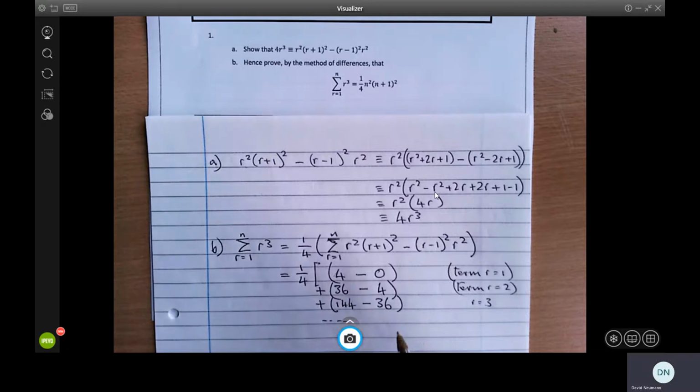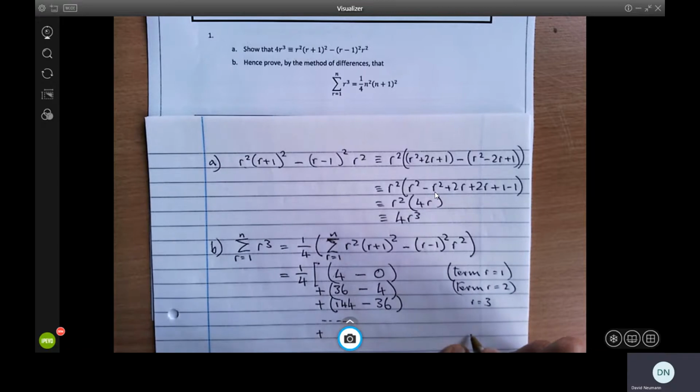Then down at the end, if we put in plus, let's have term r equals n minus, what should we go for? Let's go for n minus 2, so that we're going to include the last 3 terms, n minus 2, n minus 1, and n.